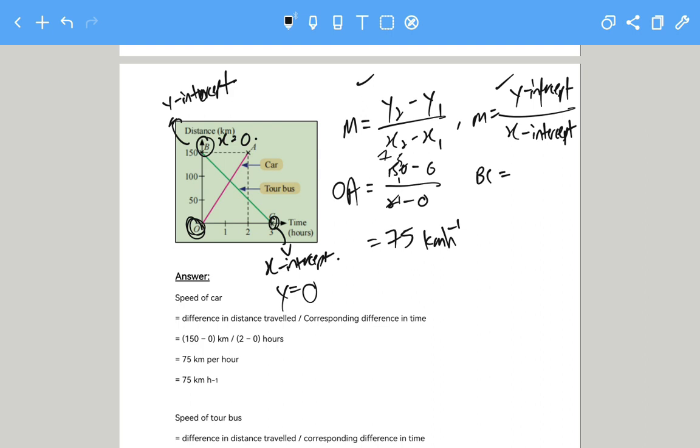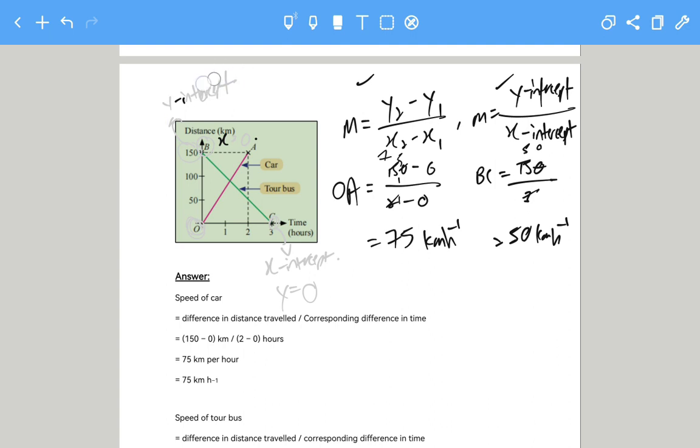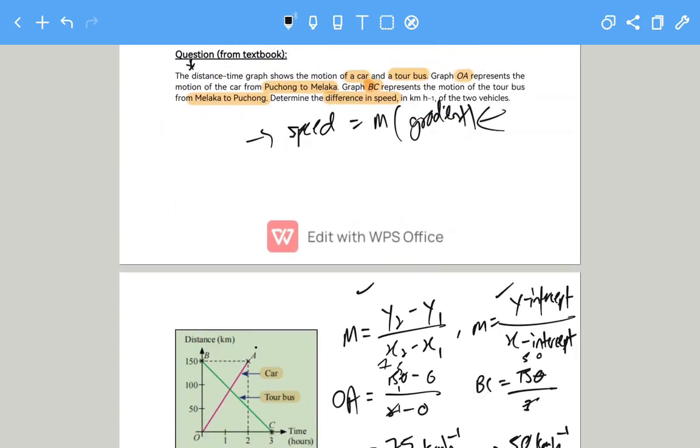So BC is y-intercept divided by x-intercept. The y-intercept is how much? 150, right? 150 divided by 3 will be 50 kilometer per hour. We have already done all, but the question asks the difference in speed, right?